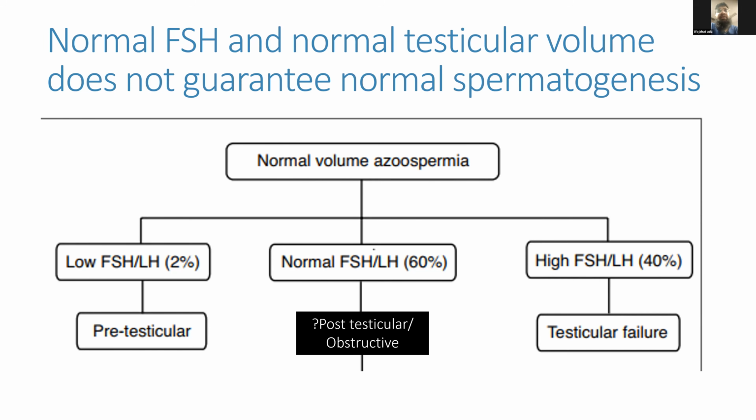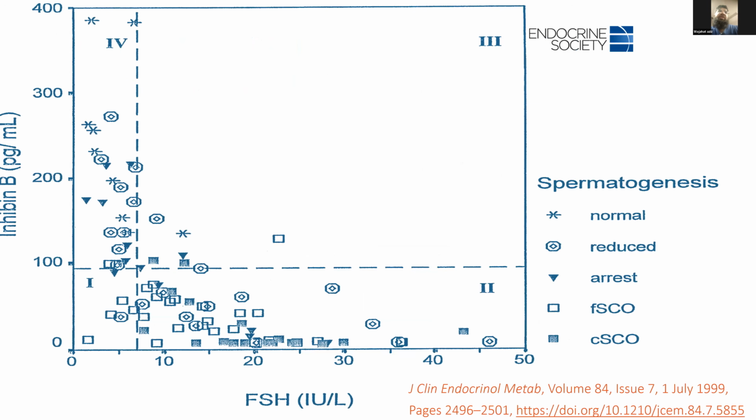The reason being that there is a spectrum of FSH across all possible histologies. Consider the problem of maturation arrest, which is shown here as a triangle. It is possible to have a maturation arrest with an FSH value as low as 5 or even lower.